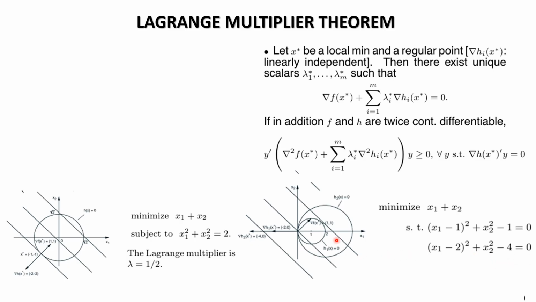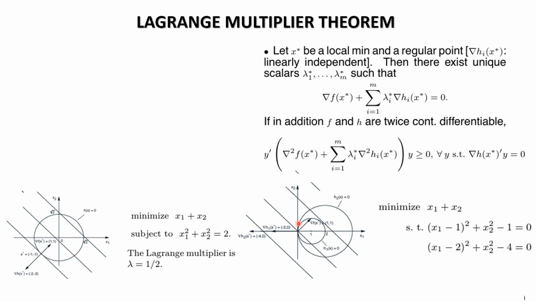There are two circles centered at (1, 0) and (2, 0) with radii 1 and 2 respectively. At x star equal to (0, 0), the constraints are satisfied. Gradients of h1 and h2 are linearly independent at x star.